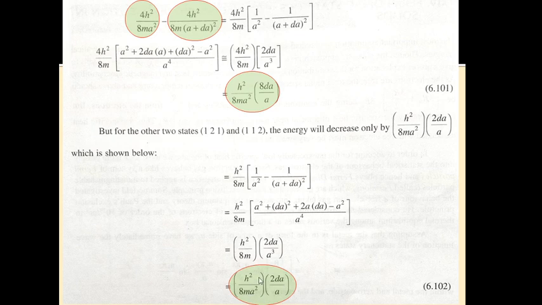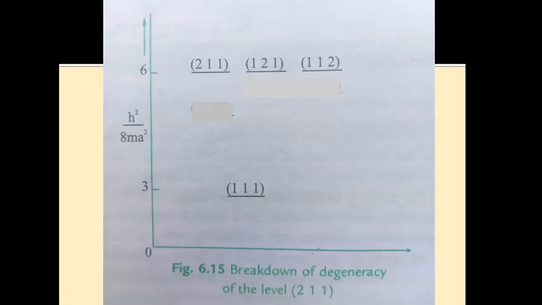So this equation is the decrement of energy in the case of the rest of the 2 energy states, and this is the decrement of energy in the case of the first wave function, that is 211. This is 121, this is 112, and this is the decrement in the case of 211. Let us try to look at it on the graph.